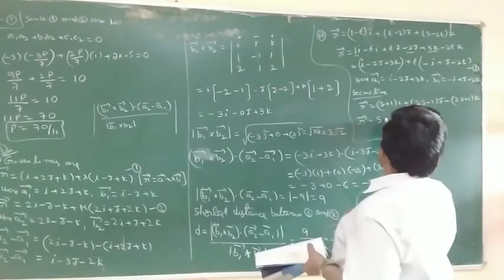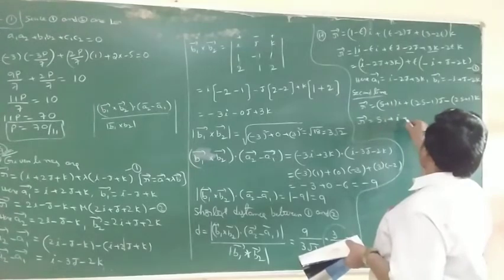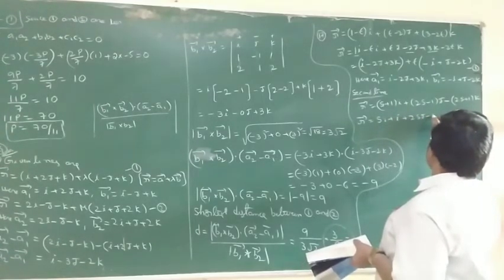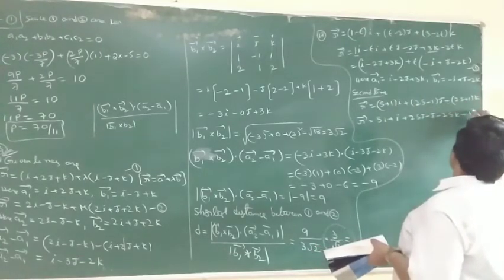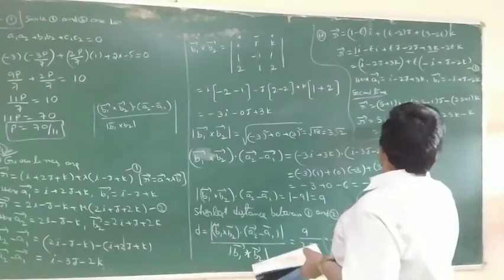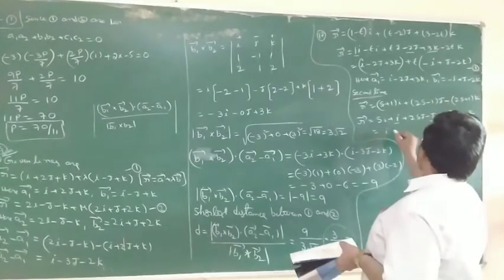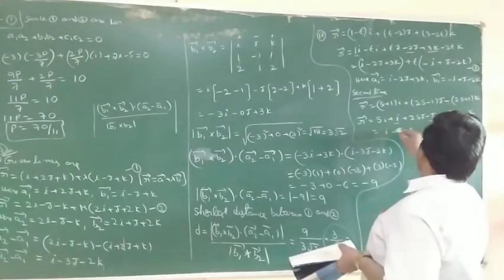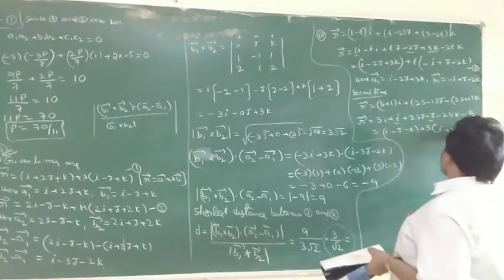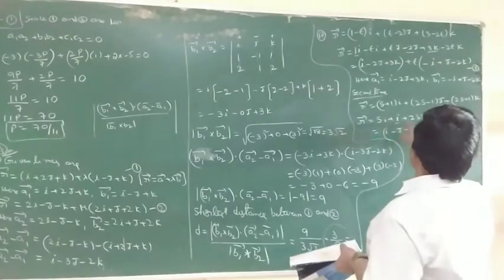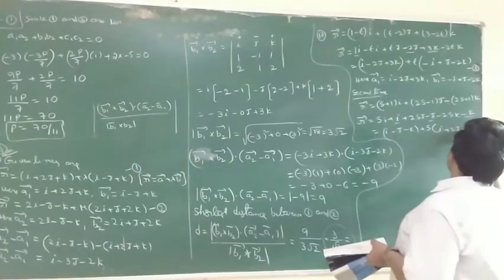Here s is the parameter. First, the components without the parameter: i, minus j, minus k, plus s common: s into (i + 2j − 2k).